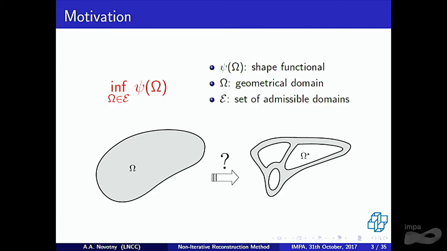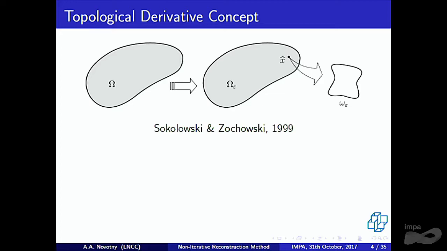Since I am talking about change of topology and shape, our very general approach to this kind of problem is based on the topological derivative concept. It was introduced less than 20 years ago by Jan Sokolowski and Antoni Żochowski in 1999. And the basic idea is the following.